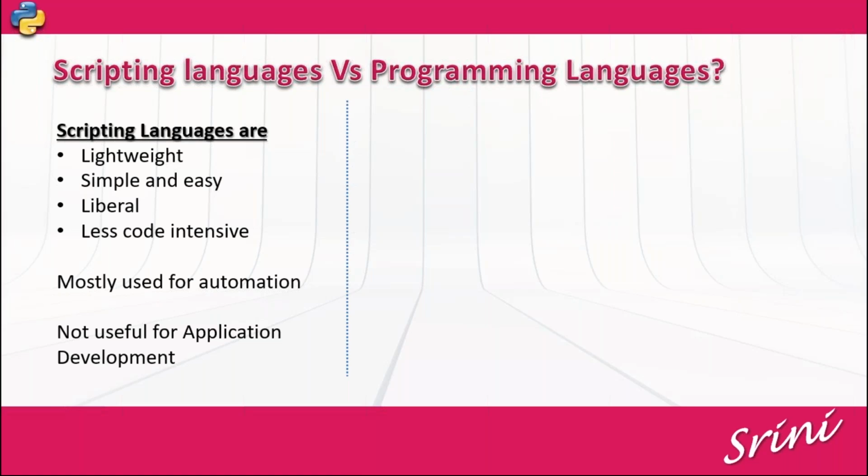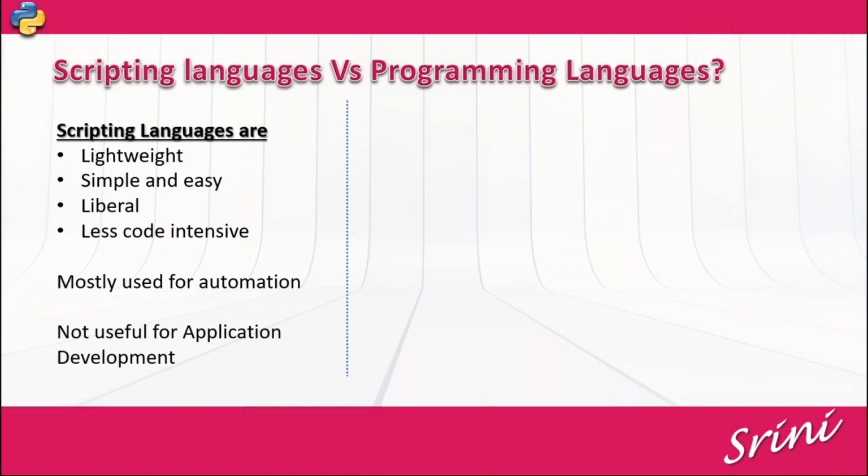Mostly scripting languages are used for automation purpose, to develop the automation scripts. These scripting languages are not useful for software development, application development purpose. We can't use these scripting languages. It is only for automation.